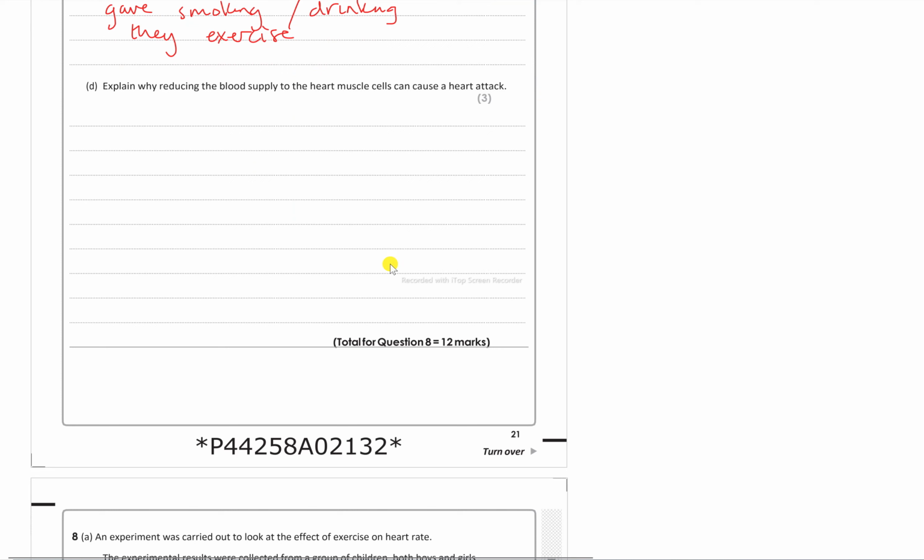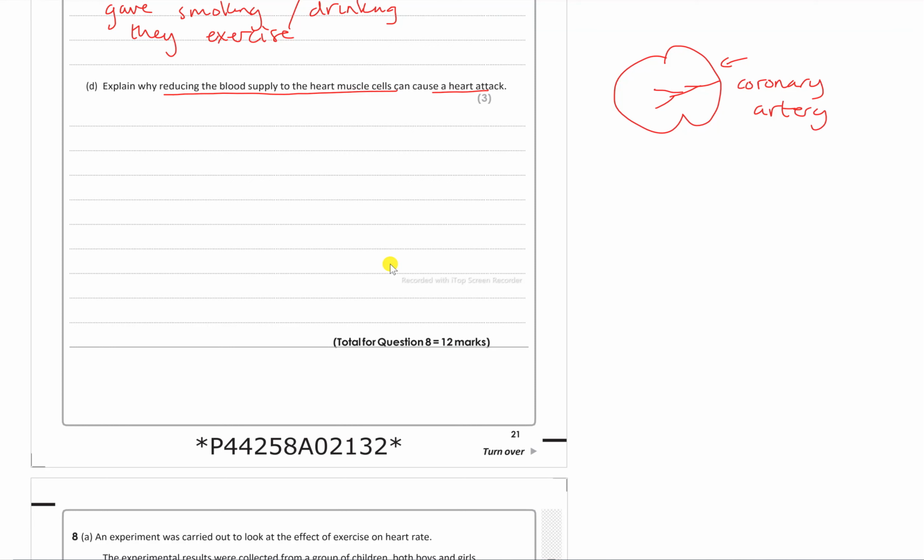Right. Explain why reducing the blood supply to the heart muscle cells can cause heart attack. So remember we said that's your heart, and it's a muscle, and every organ and every tissue needs a supply of blood, and the heart's got its own supply of blood via the coronary artery.